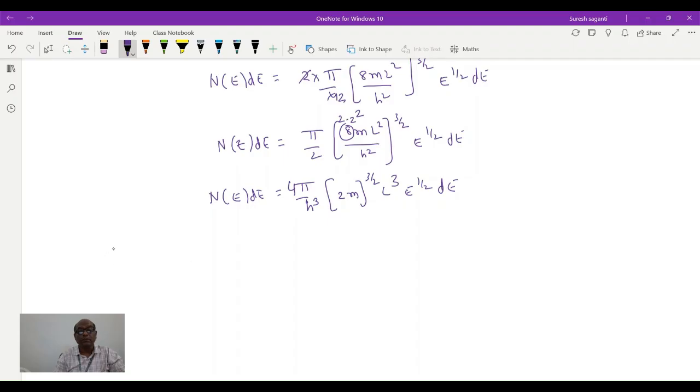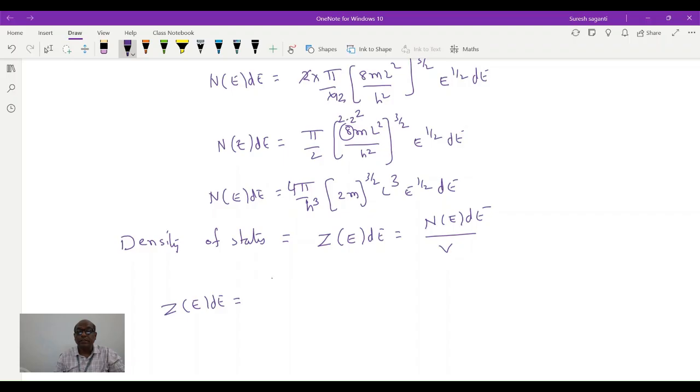But what we are looking for is density of states. What is the density of states? Definition says that the density of states Z of E dE is equivalent to number of available states per unit volume. So here Z of E dE is equal to n of E dE, 4 pi by h cube 2m to the power of 3 by 2 L cube E power 1 by 2 dE, by volume L cube.